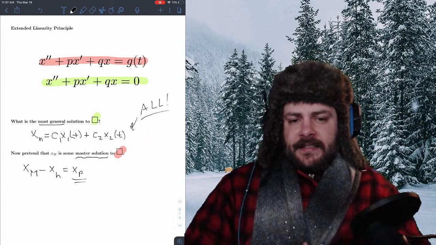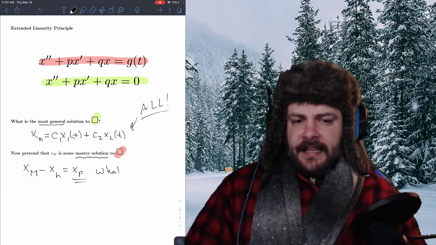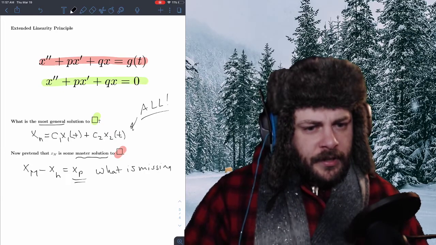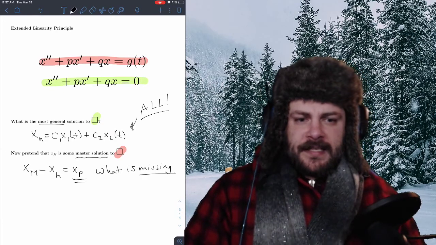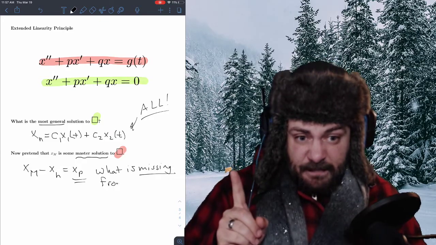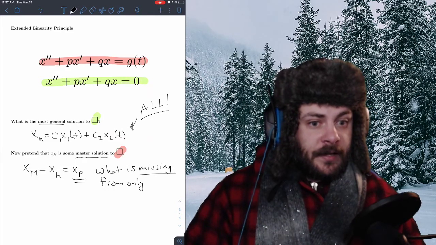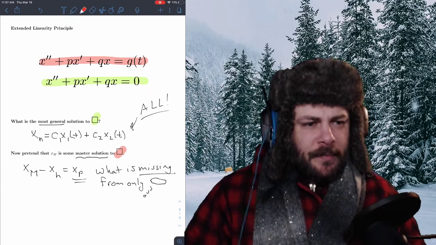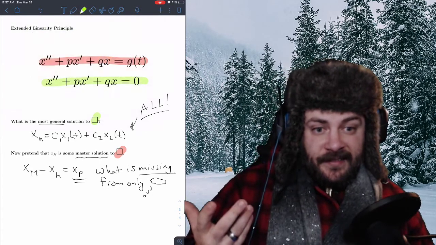Okay, and I think that's really strong. You know, what could possibly be missing from X sub P? Just only from that spot, what could we possibly have that is not there?